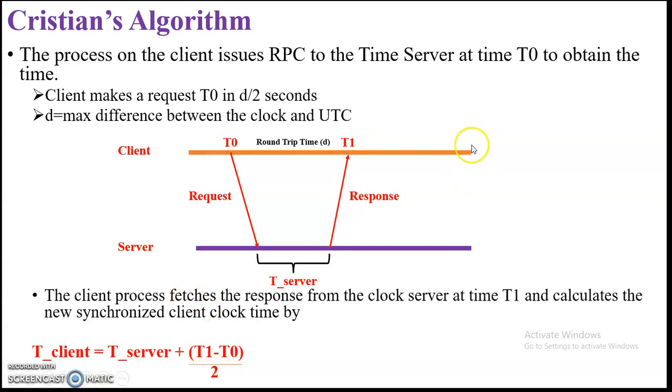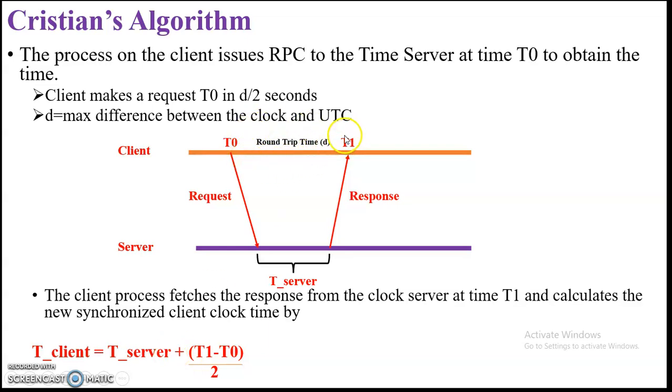Now the client process fetches the response from the clock server at time T1 and calculates the new synchronized client clock time by the following formula. That formula goes: T client is equal to T server plus (T1 minus T0) by 2. Now if the client wants to synchronize itself to the new timing as per the time at the server, it calculates the new timing as T server, that is the time at the server's end, plus (T1 minus T0) by 2.